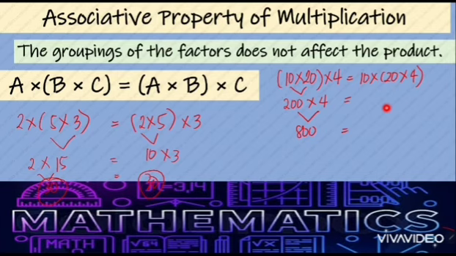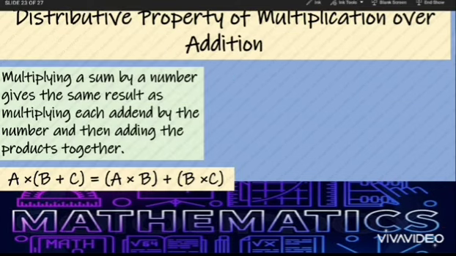Next, let's check. So, 20 times 4 is equal to 80. 10 times 80 is equal to 800. So, parehas pa rin yung sagot nila even if nagpalit sila ng mga groupings.